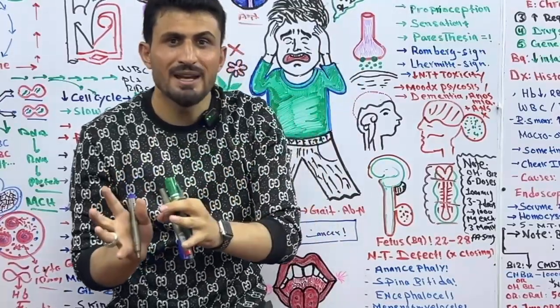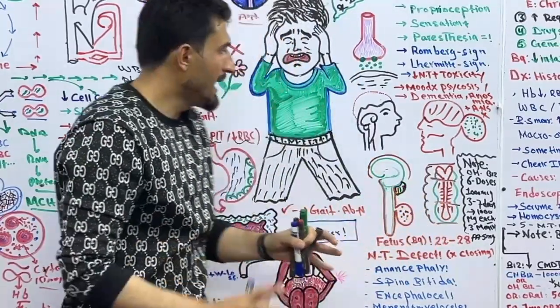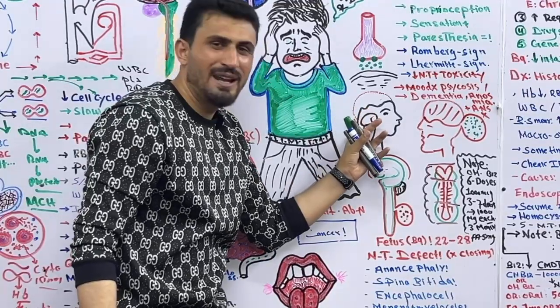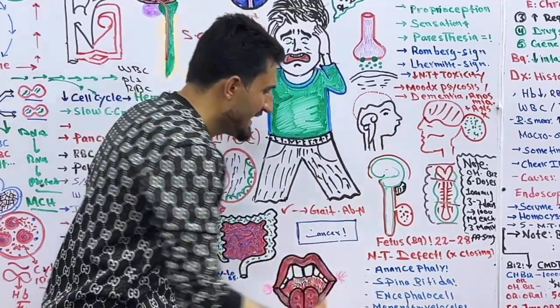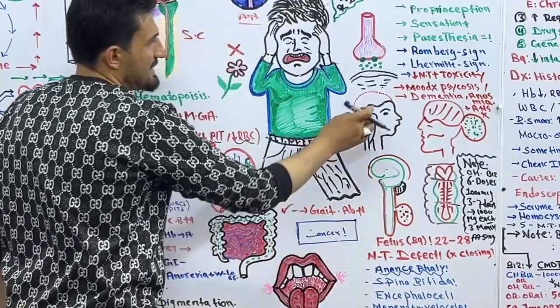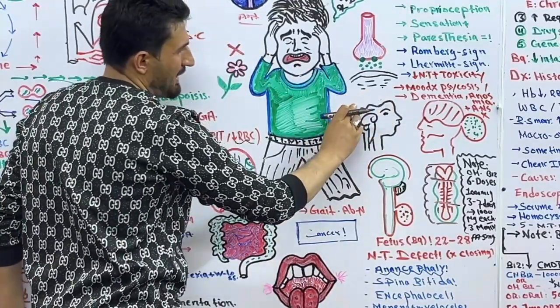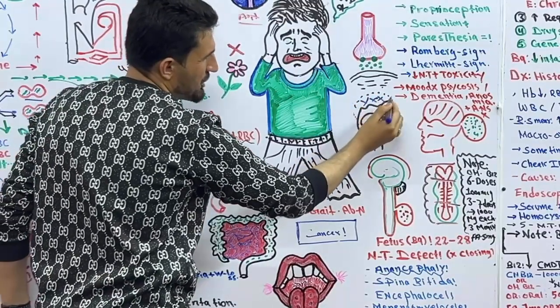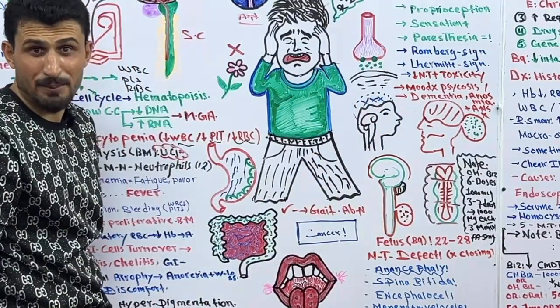Now when baby is born, baby will have a complication, a disease which is called anencephaly, okay. A part of its head will be missed, for example, like this. A part of its head will be missed. This portion is missed. This is called anencephaly.